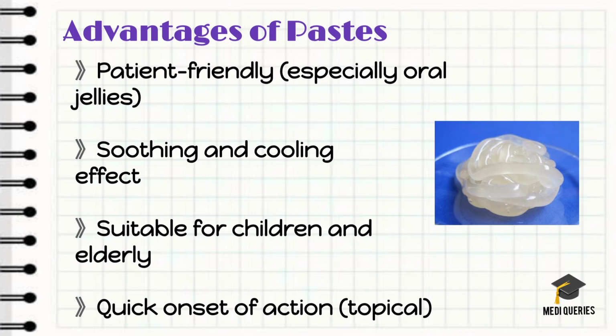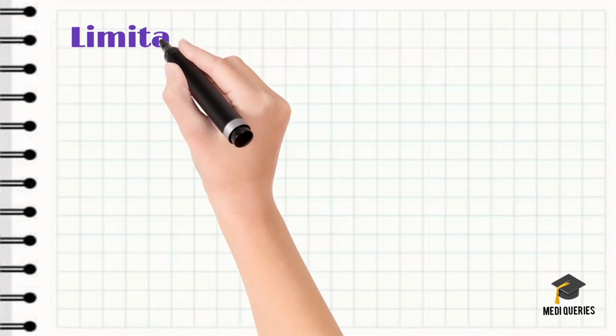The rapid drug release from the hydrated matrix allows a faster onset of action, especially for drugs intended for local effects. Moreover, jellies can be formulated with a wide variety of drugs and adapted for various routes of administration, including topical, oral, rectal, and vaginal use. These are the various advantages of the jellies.